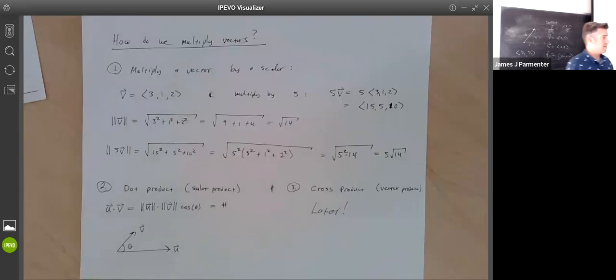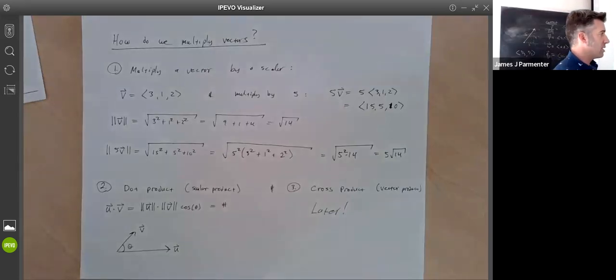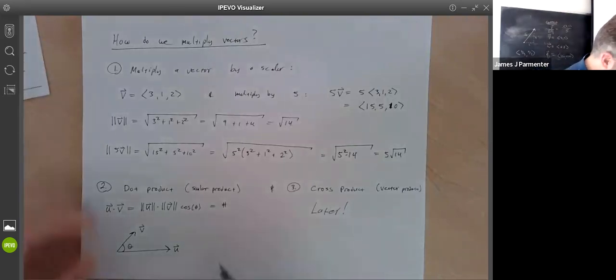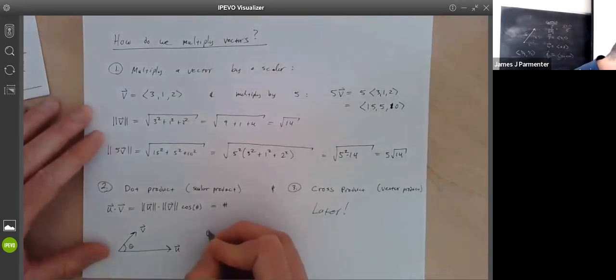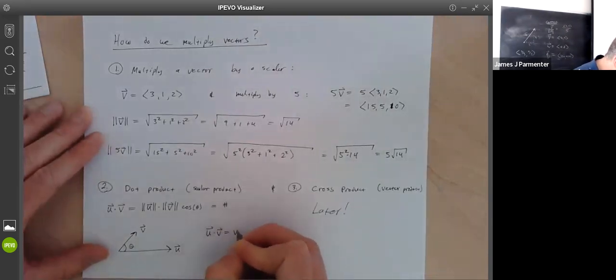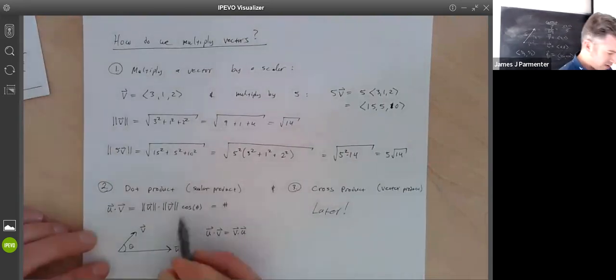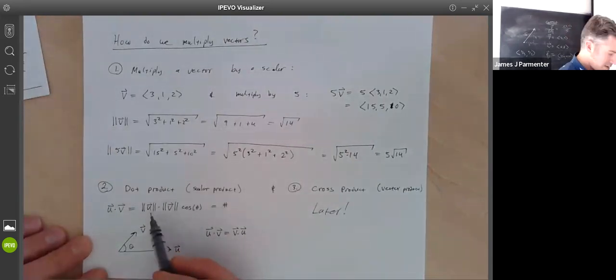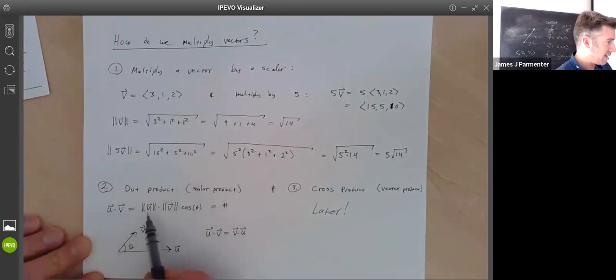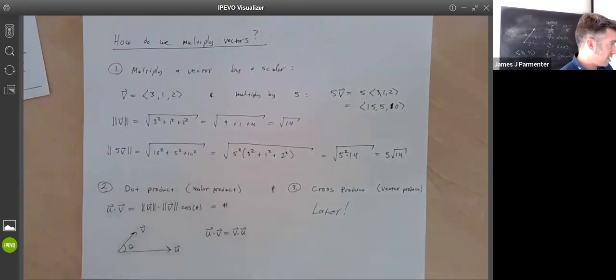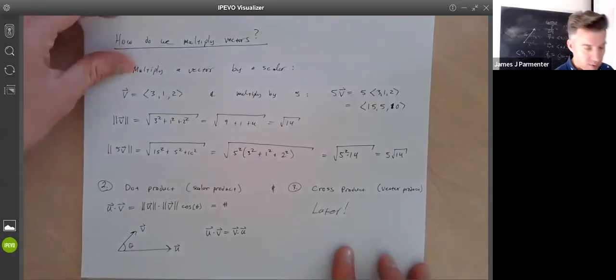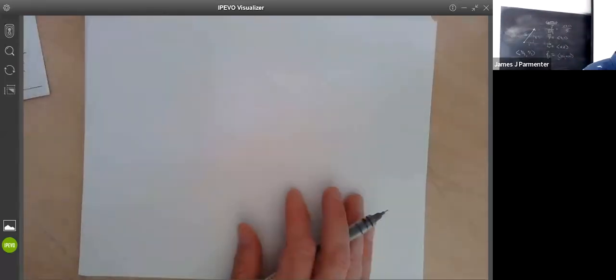So the order you cross things in, if you do it the other way, changes the sign. So it's called an anti-symmetric function. Whereas the dot product totally is the same every time, meaning u dot v is equal to v dot u. Which if we look at this calculation, makes sense. Shouldn't matter what order I do it in, the magnitude of u doesn't change, the magnitude of v doesn't change, and cosine of the angle between them isn't going to change. So order of dot producting doesn't matter.